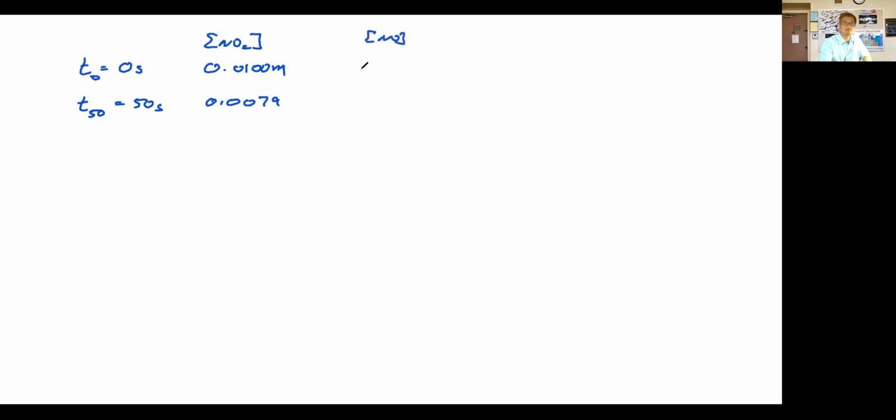We don't start out with any, so that's initial, and for the final we have 0.0021 for nitrogen monoxide. For oxygen, we don't start out with any initially, and we have 0.0011. These are all molar.